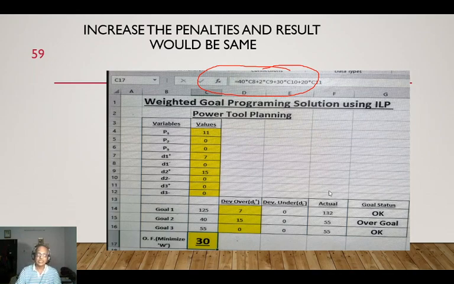So what we did, actually we increased the penalties and the result will be the same. So the amount of importance you are giving to the goals will change your results. So if there is a huge difference in the importance, then you should go for preemptive method rather than weighted method.